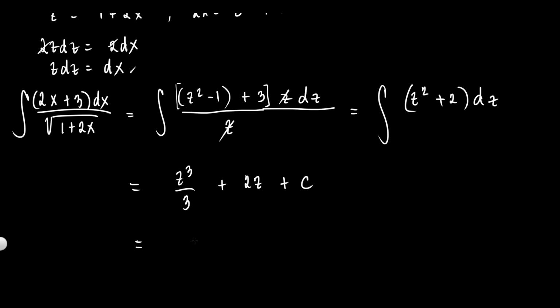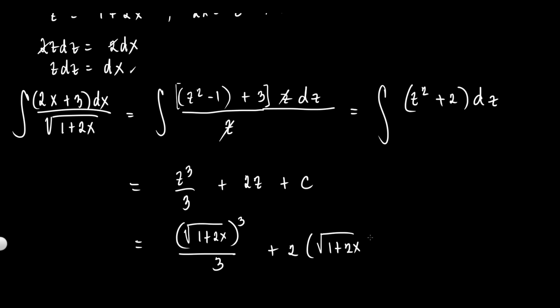So z is the square root of 1 plus 2x cubed over 3 plus 2 times the square root of 1 plus 2x plus c. O, pwede na yan.